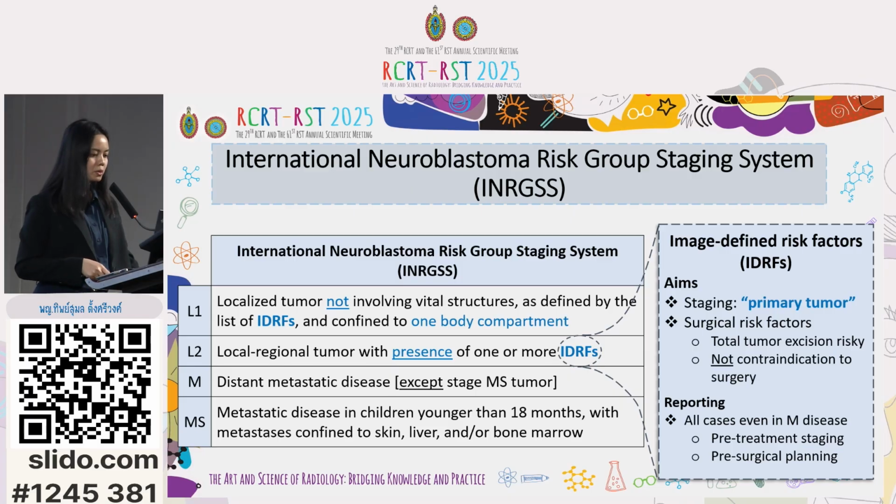Stage L1 tumors are confined and do not involve vital structures, while stage L2 tumors are associated with image-defined risk factors, or IDRFs. Let's take a closer look at what IDRF is and why they are important.